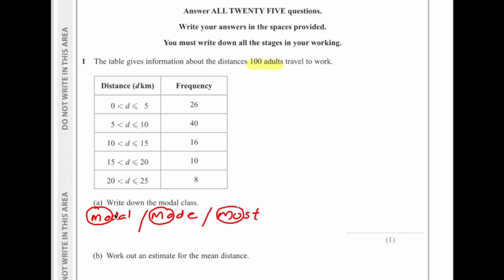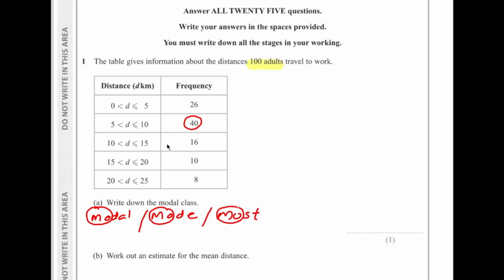Then remember, the modal class or mode is the most repeated group, the group with the highest frequency. Most means the highest. In this case, the highest frequency is 40. 40 is not the modal class.